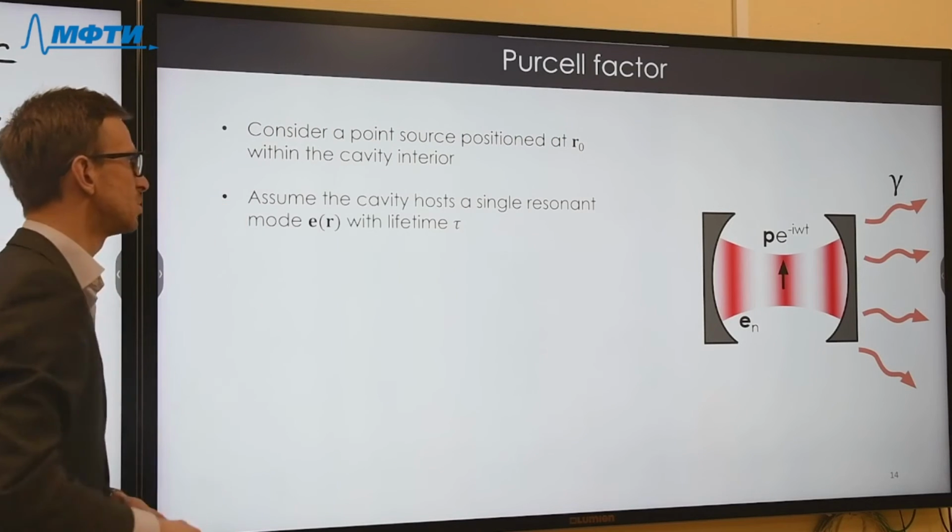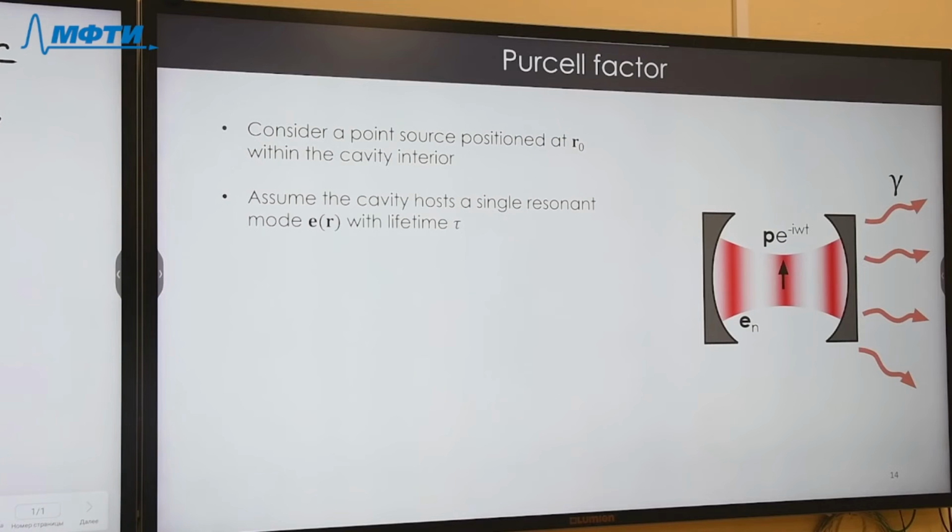And let us assume that the cavity hosts only a single, well-separated eigenmode whose line width is much smaller than the distance to other modes of the cavity. And let us assume this mode has a finite lifetime, tau.